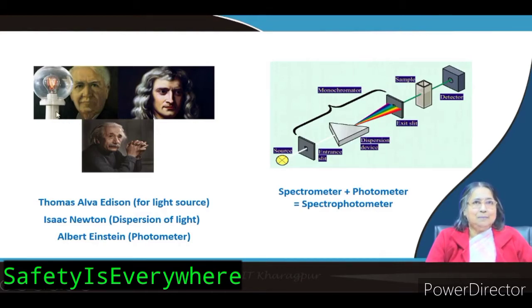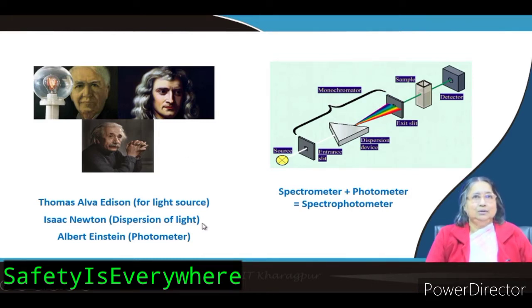You know that he invented the electric bulb, which is also used in the spectrophotometer, not that bulb, but the principle. And then you can see Sir Isaac Newton, who discovered the dispersion of light.